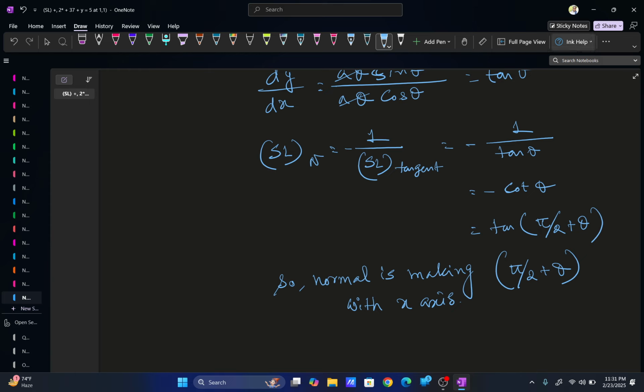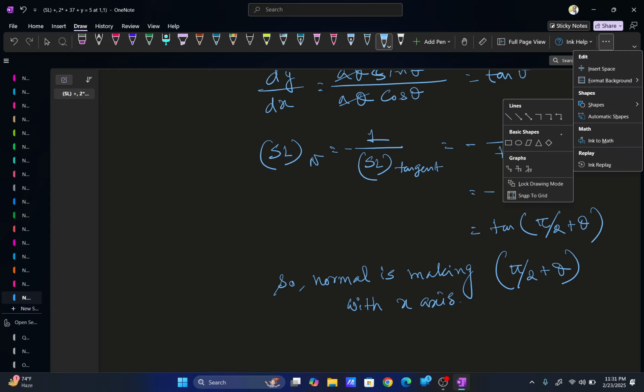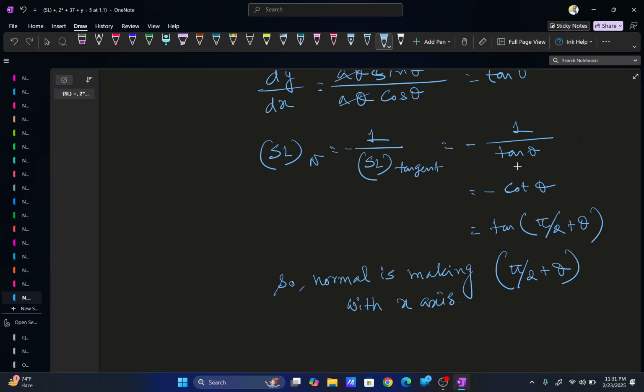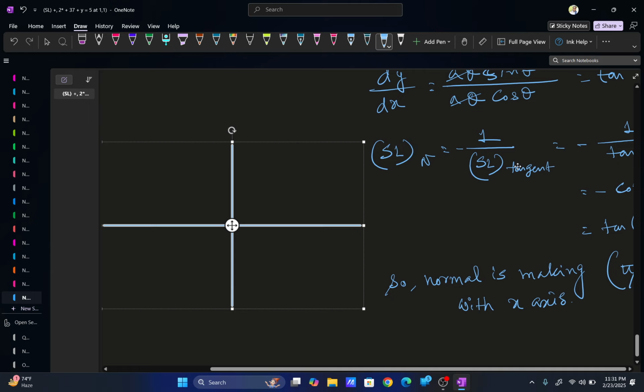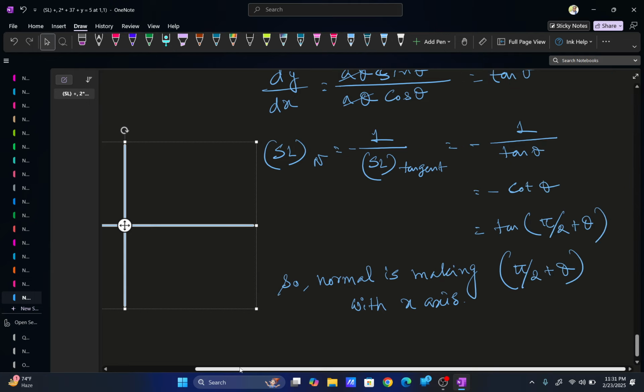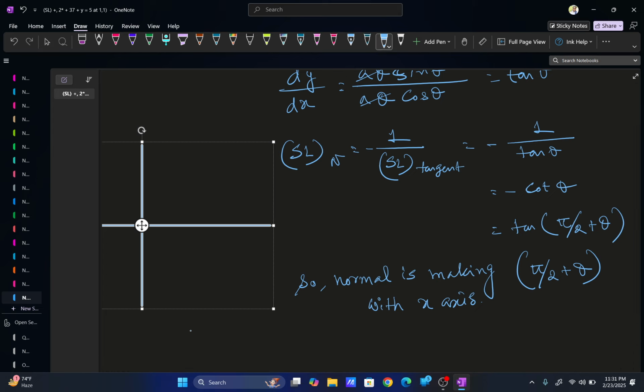Okay, if we draw the diagram, then we get, so see, the angle is theta actually.